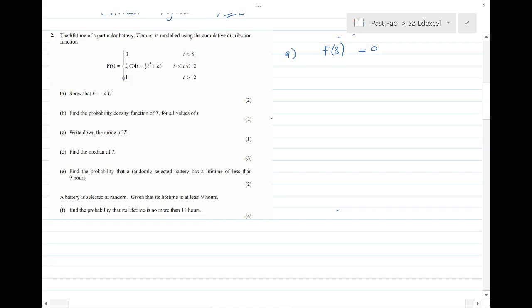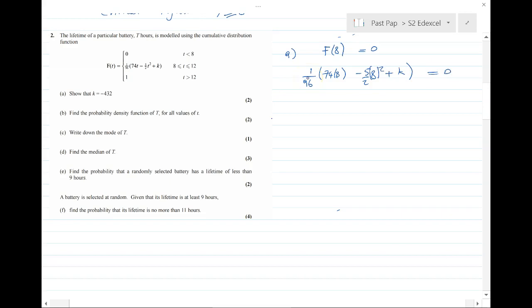So F of 8, because that's the smallest number in our range, it's impossible to get a number less than 8, so F of 8 is 0. So we can now just put this into our CDF. It equals 0. Obviously the 96 doesn't matter.